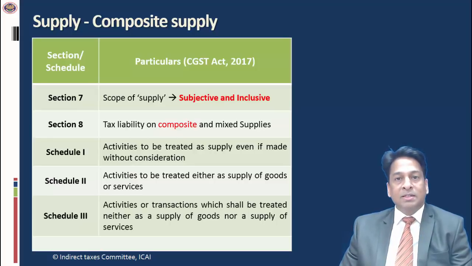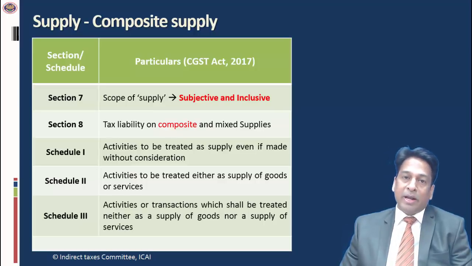As we all know, supply includes all forms of supply of goods or services or both, such as sale, transfer, barter, exchange, licensing, leasing, renting, or disposal made or agreed to be made for a consideration by a person in the course or furtherance of business. This is how the supply definition starts under Section 7 of the CGST Act 2017.